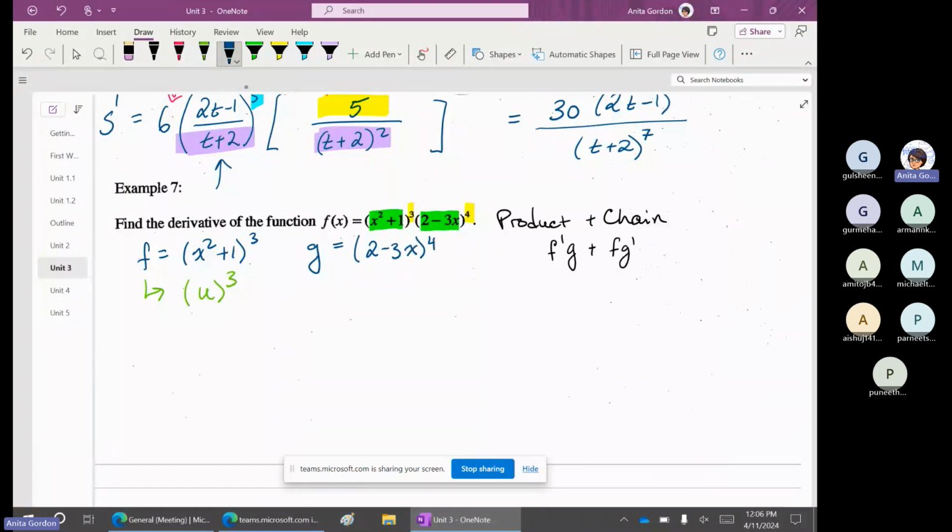If you're not quite sure how to start, check out what I'm writing. You can use substitution to figure out how to use the chain rule. You're going to need to do chain rule first.